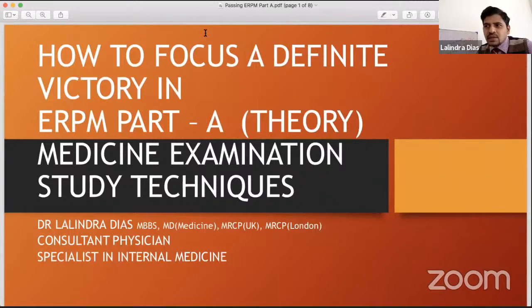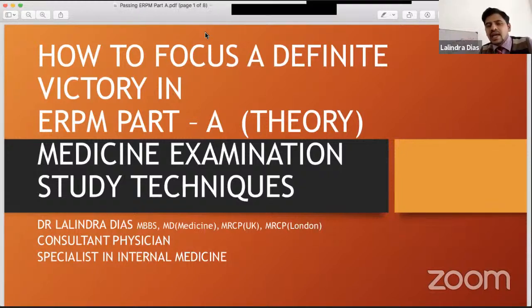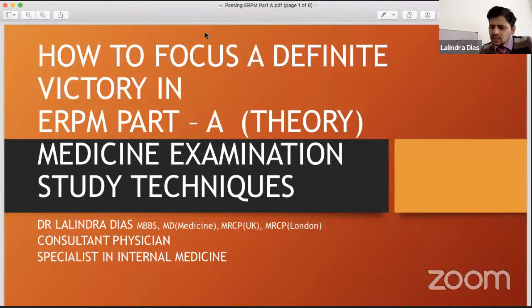Once you pass the theory component, a little later I will do Part B and Part C. But today we are focusing on Part A, the theory component. As I told you before, I have been examining the ERPM exam. I have given questions for the question bank, and also served as a clinical component examiner. So I know what they exactly ask in the exam, right?